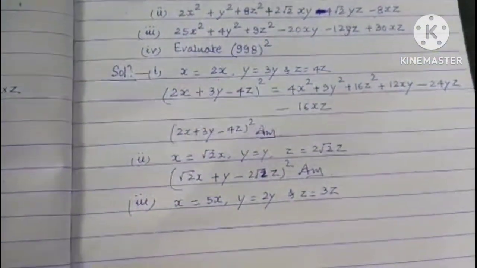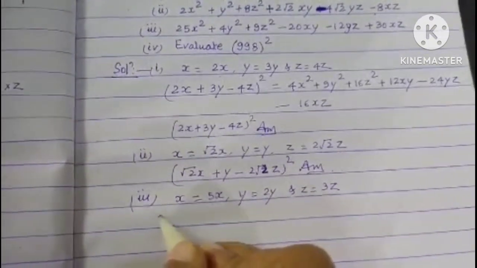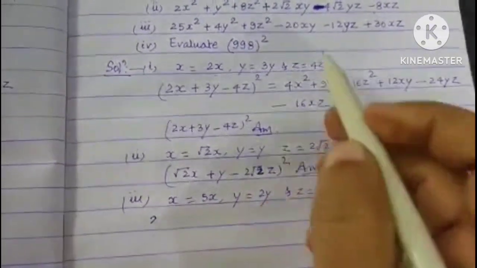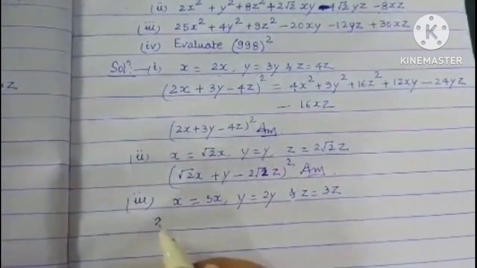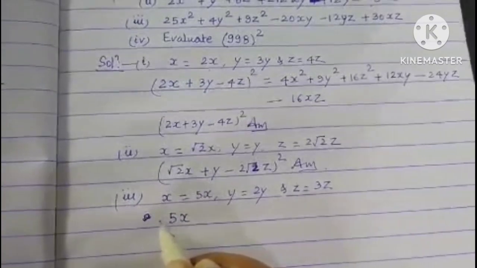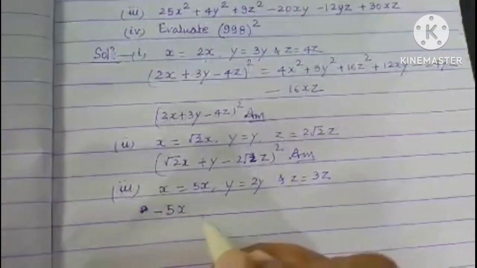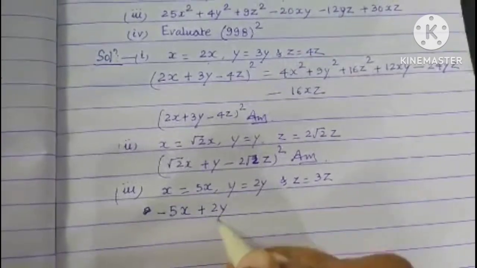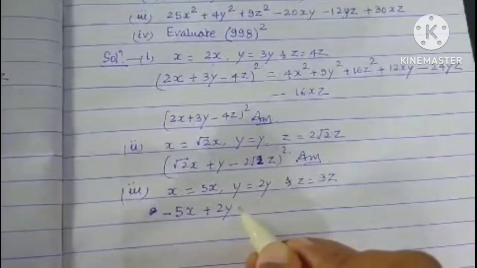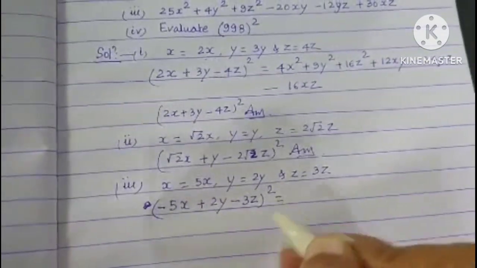So we will write like this, minus, minus and plus. Okay, so minus 5x plus 2y minus, and here again minus 3z whole square. Let us see what it comes out.